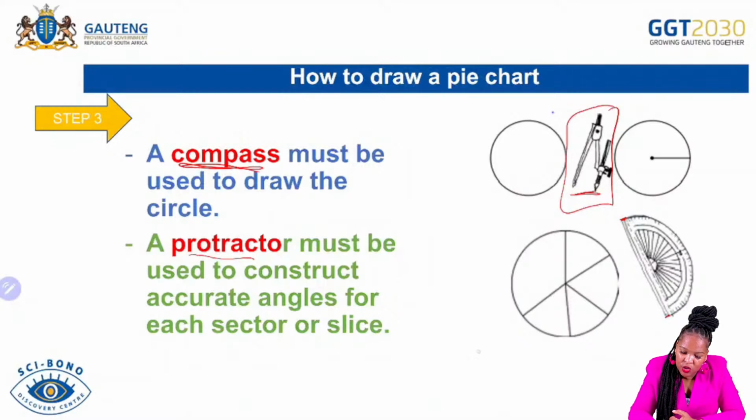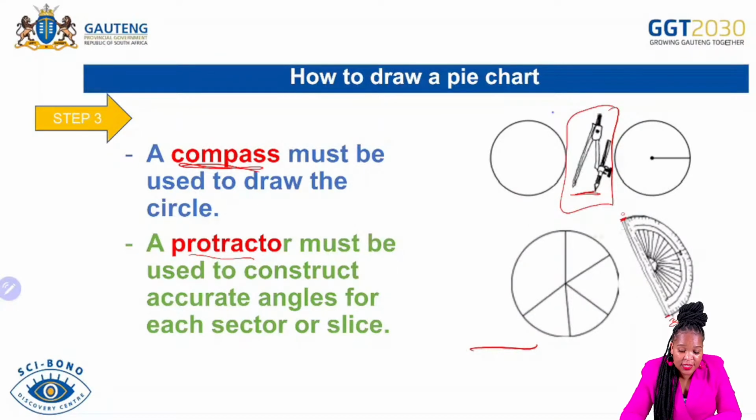On the line that you are drawing, please make sure that you put the 0 and the 180 on that line where you are starting, because it will not give you the 360 when you are trying to get your segments. It will give you more than 360 because you've also included this space over here that is not calculated.